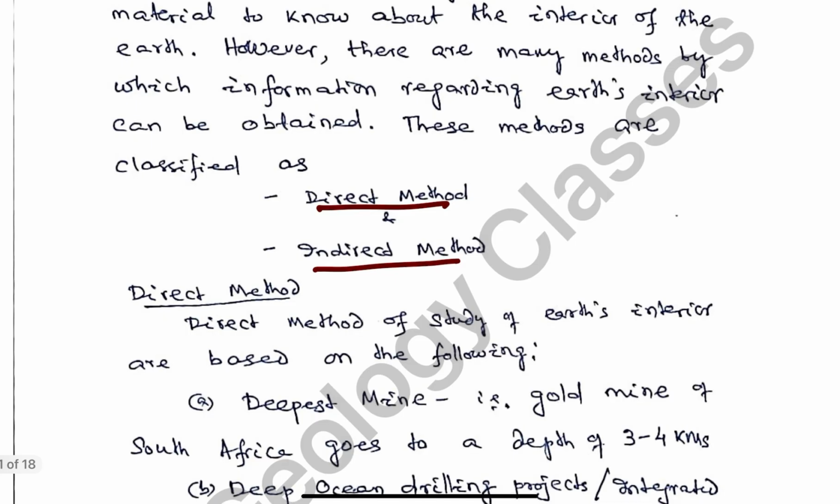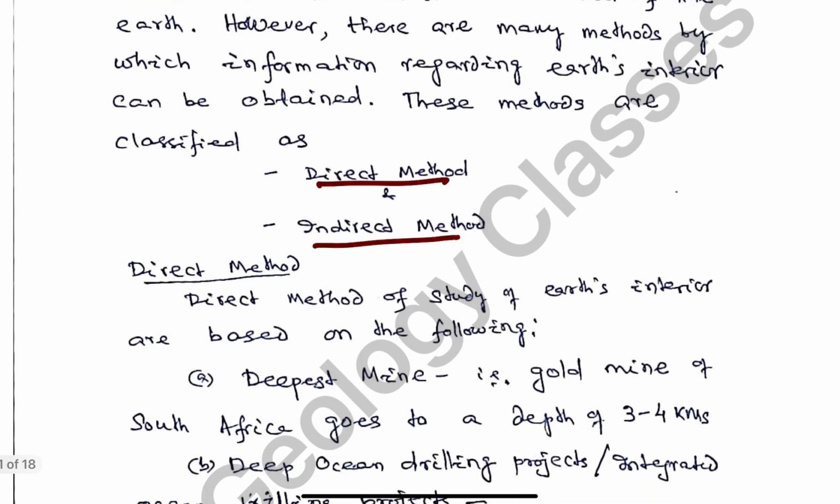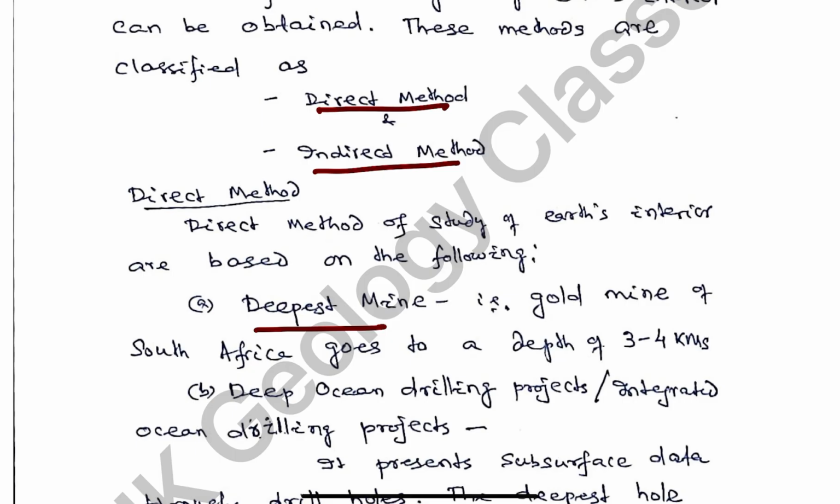Direct method is only possible to a certain depth, up to which human interference is possible, for example through deepest mines. If we take into account the gold mines of South Africa, it goes to a depth of 3 to 4 kilometers. So up to 4 kilometer depth, we know what materials are there within the earth and how they are being placed.